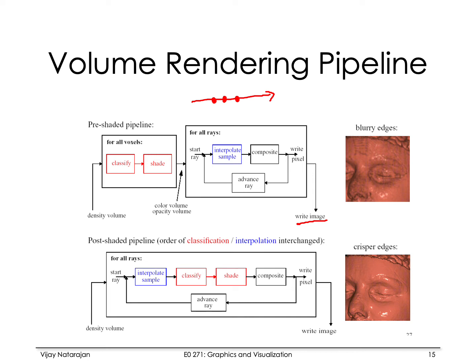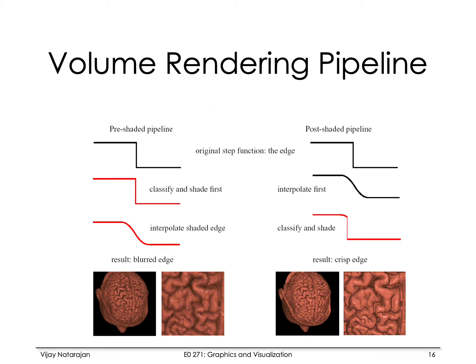Now, quickly, the pre-shaded pipeline often gives blurry edges, whereas the post-shaded pipeline gives us crisp edges and smoother images. The images look smooth, whereas the edges or the creases are crisper. Why is this? So here is a quick explanation. In a pre-shaded pipeline, let's say we have a boundary. The intensity or the scalar value would drop off as a step function because of the high gradient across this surface.